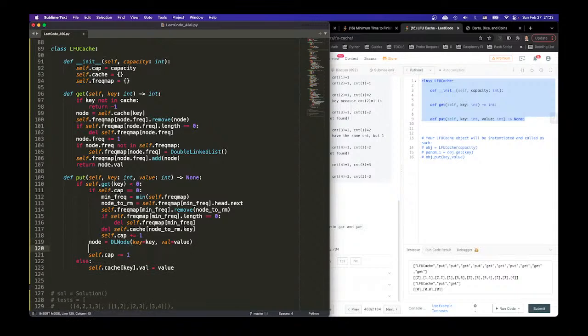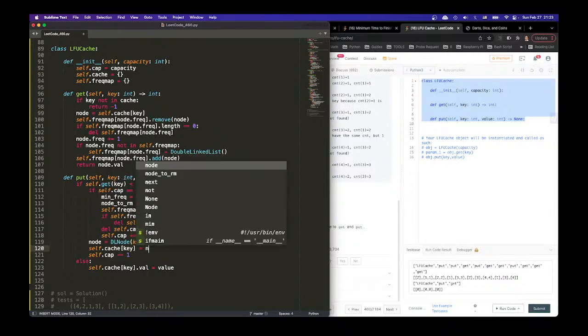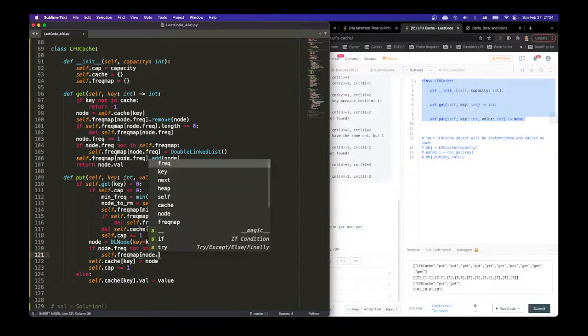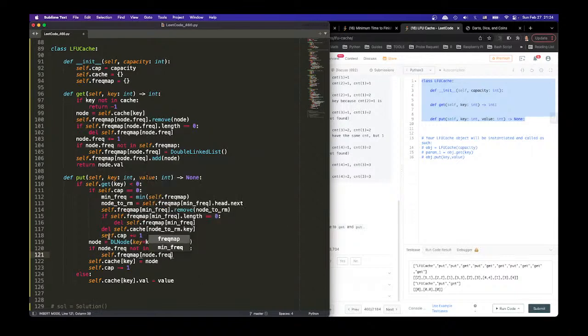Before we do that, so I create a node, so I need to do self.cache node.key, just key, equals node. That's also fine. Before doing that, now I have to do the frequency map thing. So we say if node.frequency is not in self.frequency map, then self dot node.frequency, which is just 1, if you think about it, but it's fine, equals a double linked list.